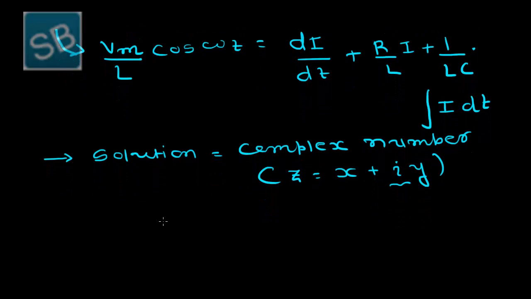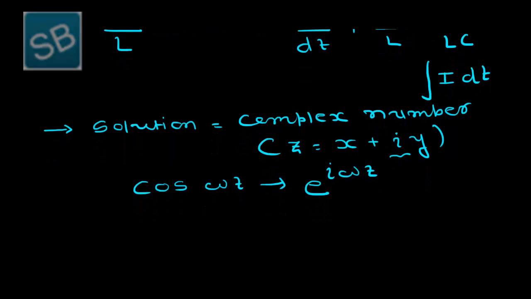So the complex form of cos omega t, with respect to i, is e raised to i omega t, and the electric current I in complex form is small i.